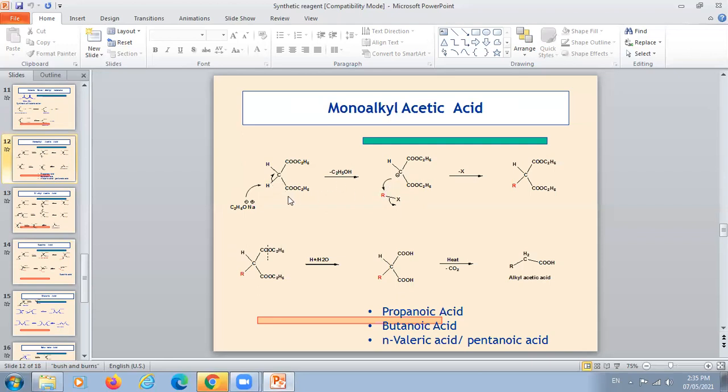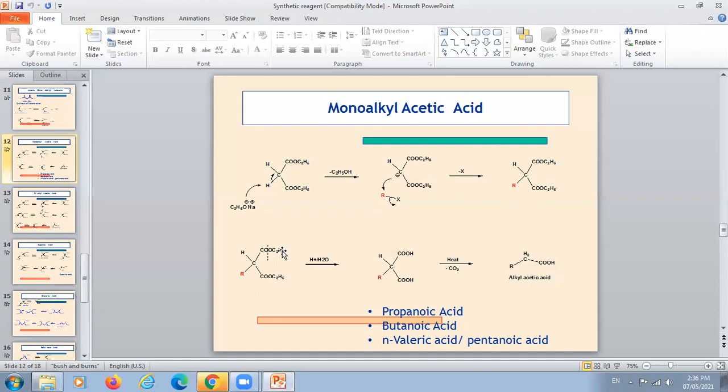this hydrogen, active hydrogen present in malonic ester, now that is to be replaced by means of an alkyl group, and there is a formation of an alkyl derivative of a malonic ester. As soon as this alkyl derivative of a malonic ester is formed, it undergoes hydrolysis, and as you know, this ester group gets converted into carboxylic acid.